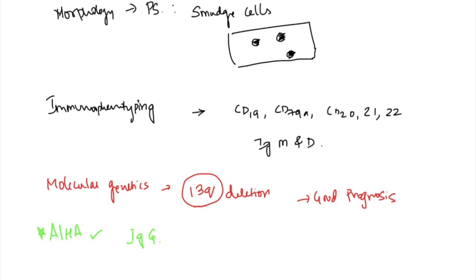Fine. So now we have diagnosed. What do we do now? We need to treat the patient. Treatment of CLL. The patient, we have said, is already more than 65 years. If you're treating any tumor, we give anti-cancer drugs, anti-metabolites.